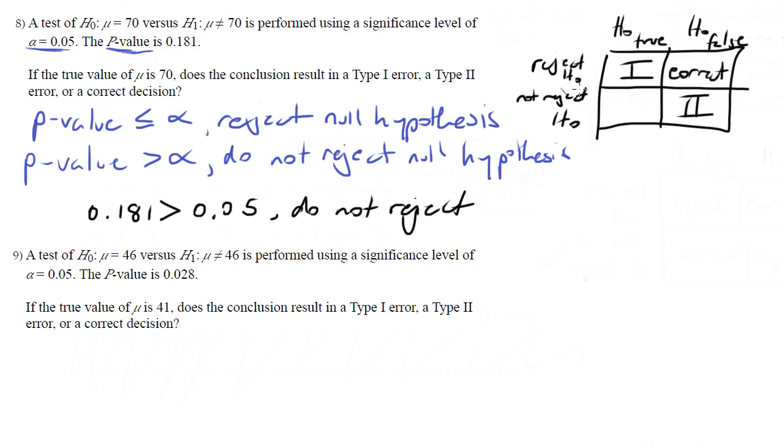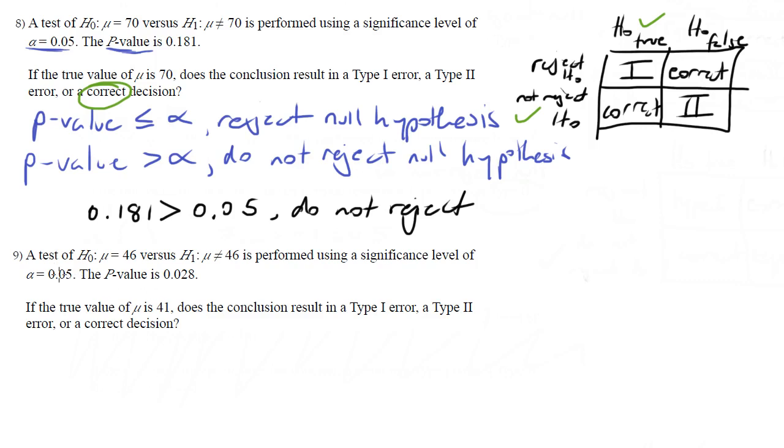If it was true and we didn't reject it, we made the correct decision. If it was false, but we didn't reject it, type 2 error. So in this case, the true value of the population mean is 70, which matches our null hypothesis. So our null hypothesis was true, and we did not reject it. So we made the correct decision this time.